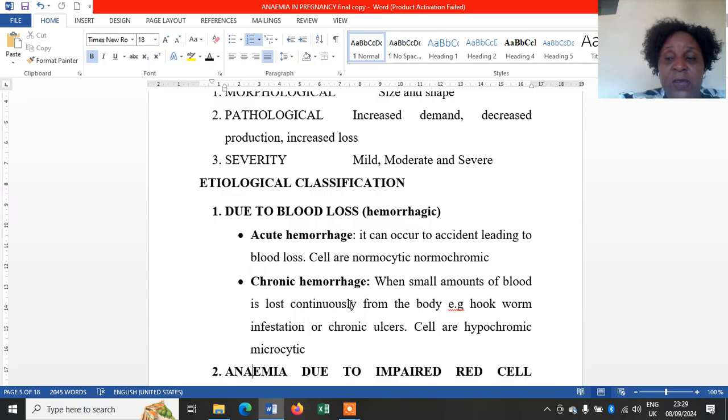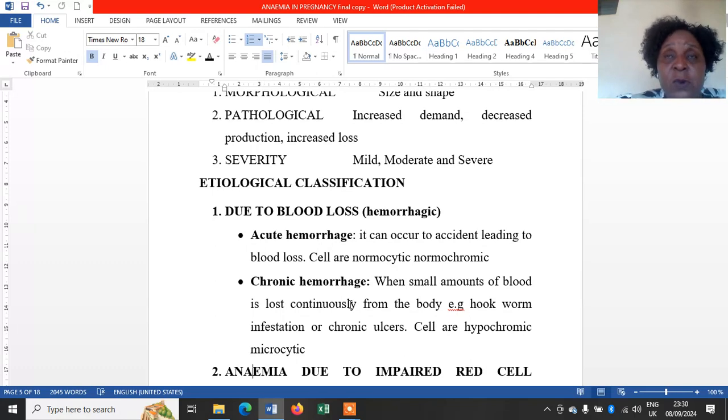For example, if a mother has hookworm infestation, the hookworms will continuously feed on the heme or on the iron and the folic acid, which make the red blood cells.